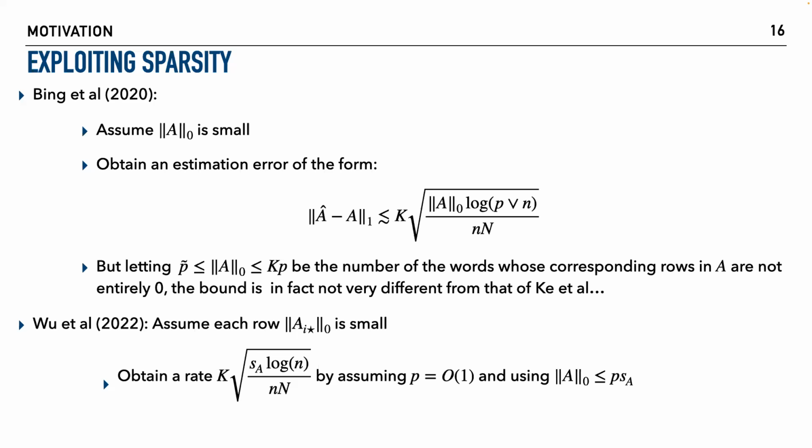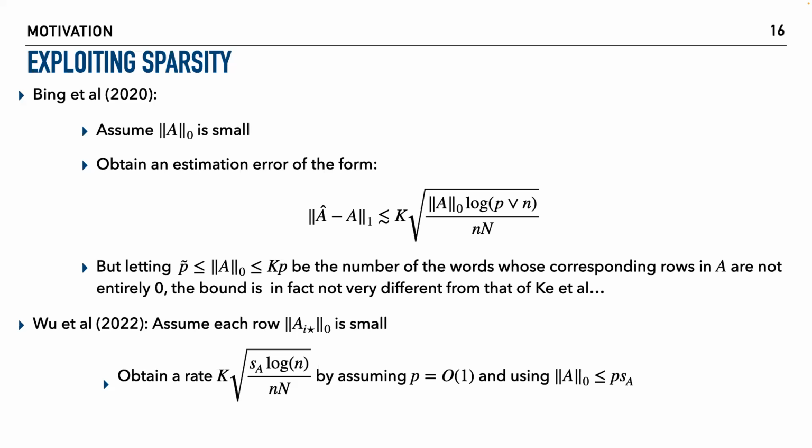So here we have the number of non-zero entries. It's closer to addressing structure if we assume this is small. But if you think about it, the number of non-zero entries is at most the number of words that appear, which is a little bit smaller than p, because why would you add a word to your vocabulary that you never see? And then it's upper bounded by K times p.